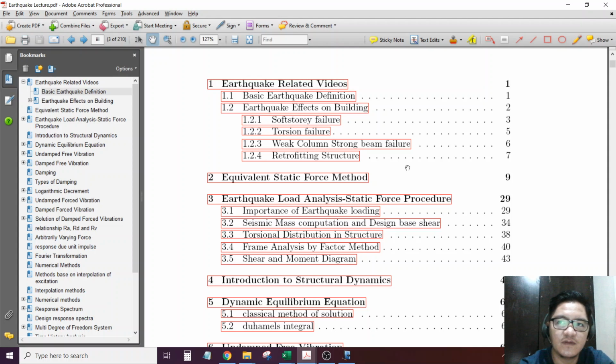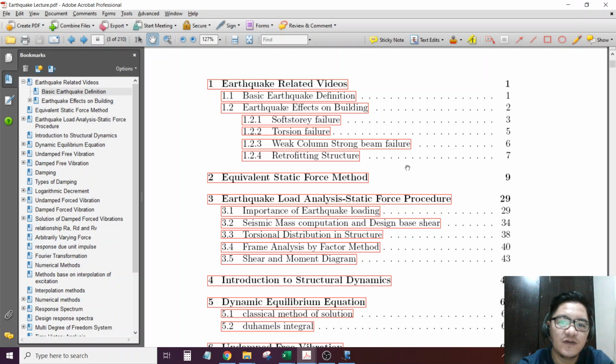Kasi yung before engineering mechanics, yun yung first major subject nyo about structural analysis, wherein you analyze structure under static condition. Walang motion. But in reality, earthquake is moving. Your building is moving. That's why the term equivalent static.